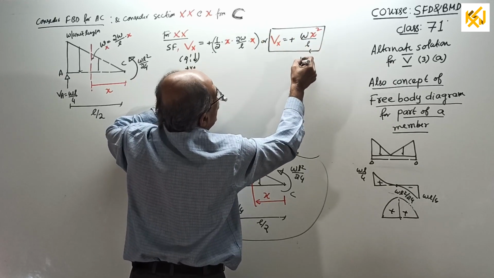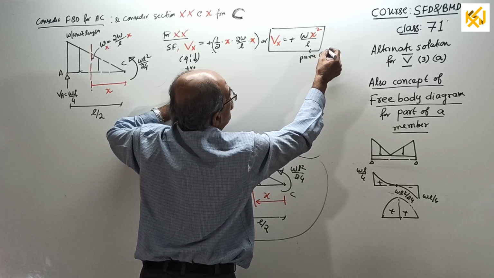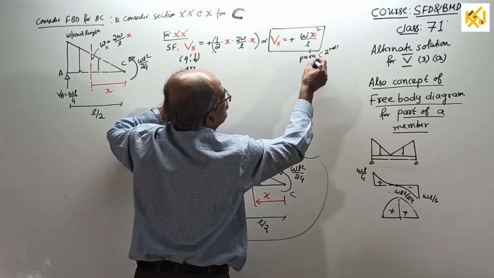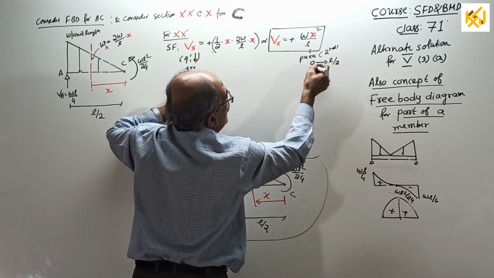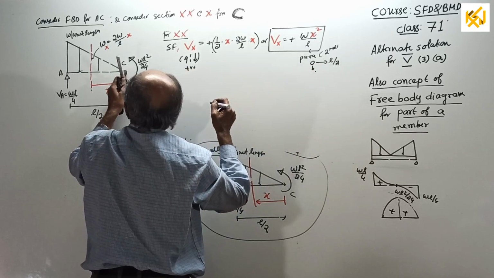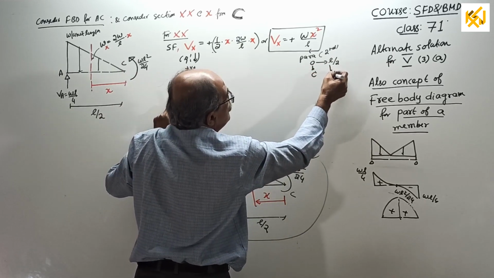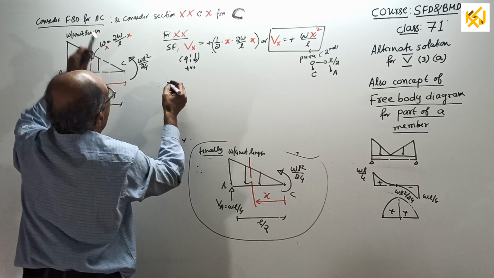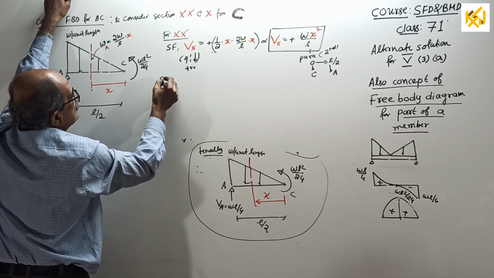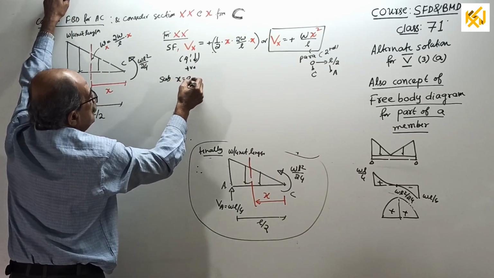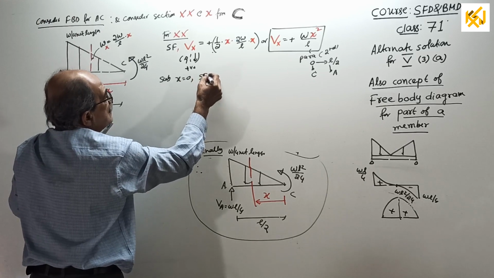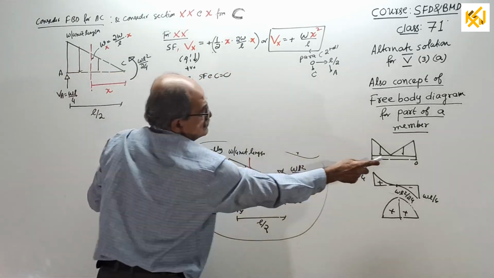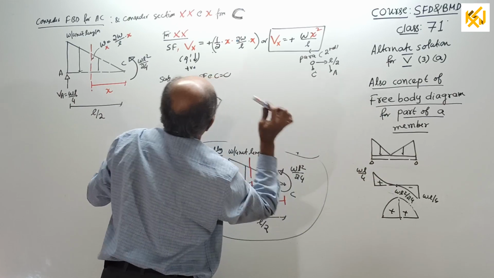How? Parabolic variation, parabolic of second degree. X varies from 0 to L by 2. And 0 means C, L by 2 means A, because X is measured from this side. Now substitute X equal to 0. You get shear force at C equal to 0.